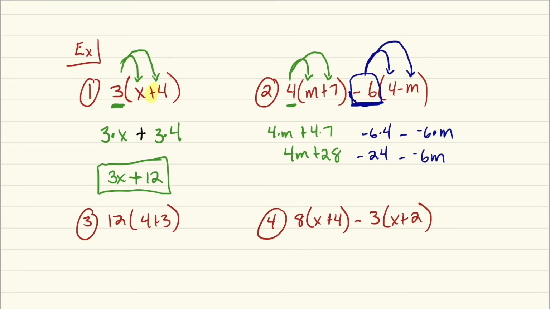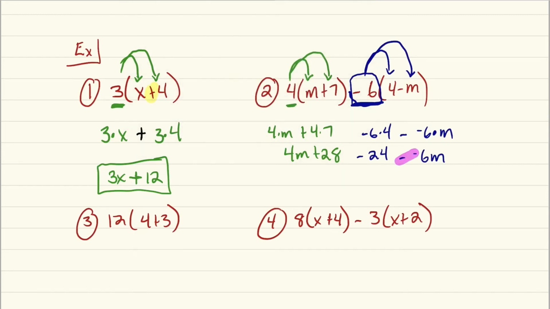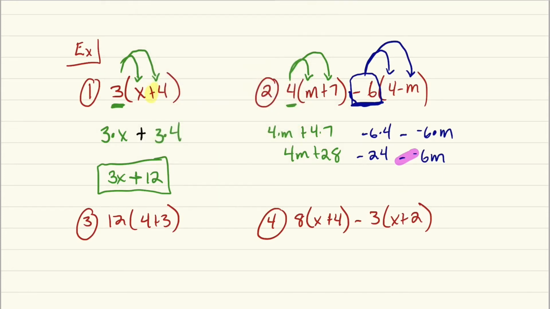If you notice that in this problem, we have a little minus minus action. We know that two negatives make a positive. So when we go to rewrite everything, I can rewrite it as 4m plus 28 minus 24 plus 6m. Right.